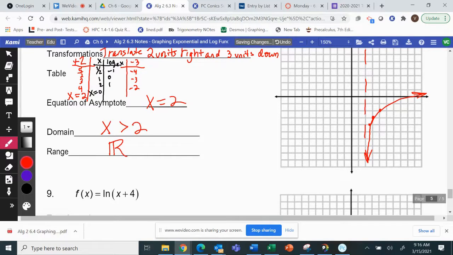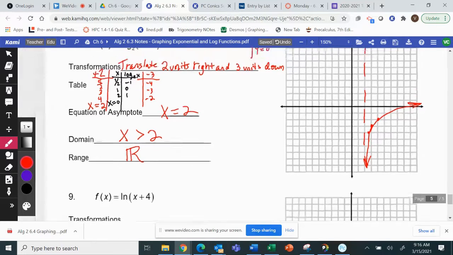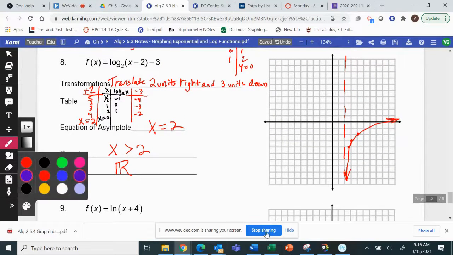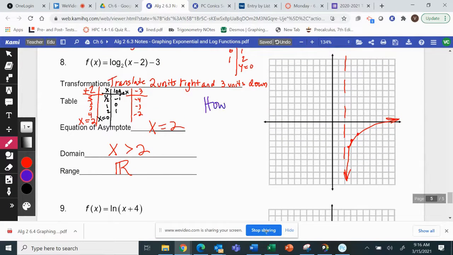If you've already gotten number 8 done, I just want to ask you something that I think I threw on 2 questions on the assignment. How can we find x or y intercepts?